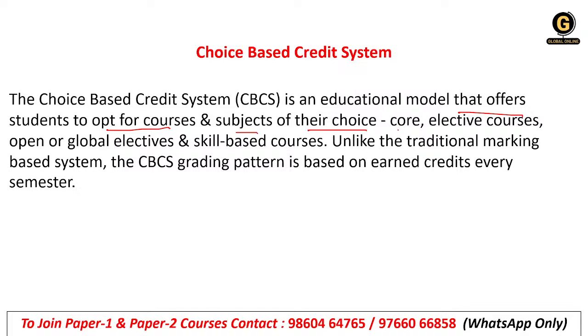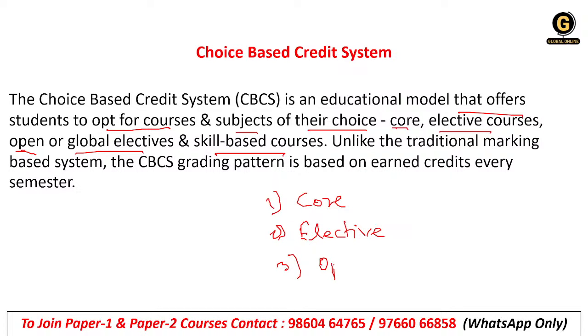Okay, there are parts. One is core, then elective courses, then open or global elective, and skill based courses. Getting it? One is core, second is elective, third is open or global elective, right?